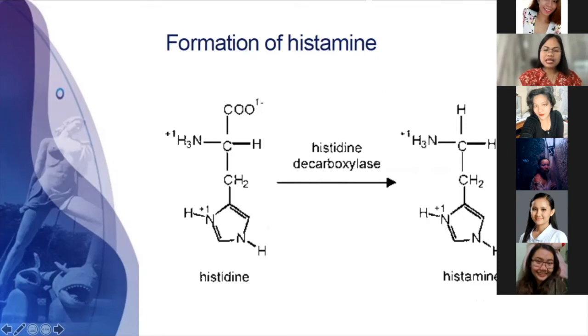And the improper handling and storage of fish leads to or hastens the formation of histamine. And again, take note that histamine, once it is formed, can no longer be eliminated from the product because histamine is heat stable. So kahit i-cook mo pa yung product mo, pag meron na siyang histamine, it can no longer be eliminated.